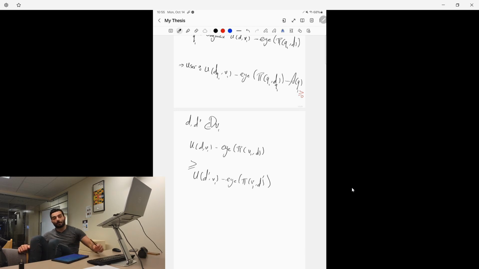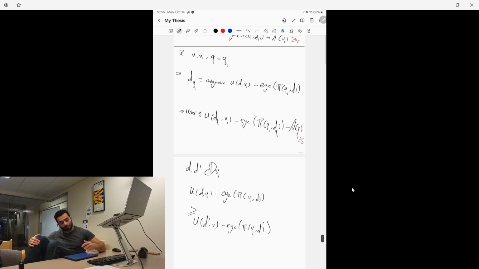This way the utility of the user and platform are in the same direction, right? I'm the platform, I am putting the higher U of D and V1 greater than U of D prime. This is a good platform.